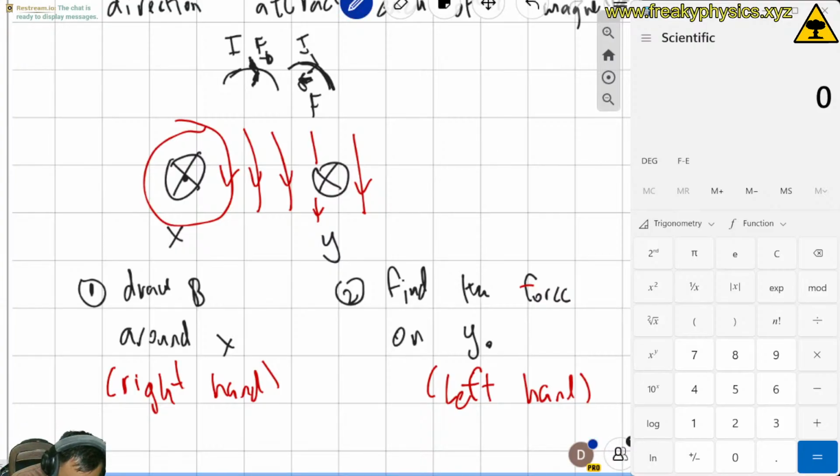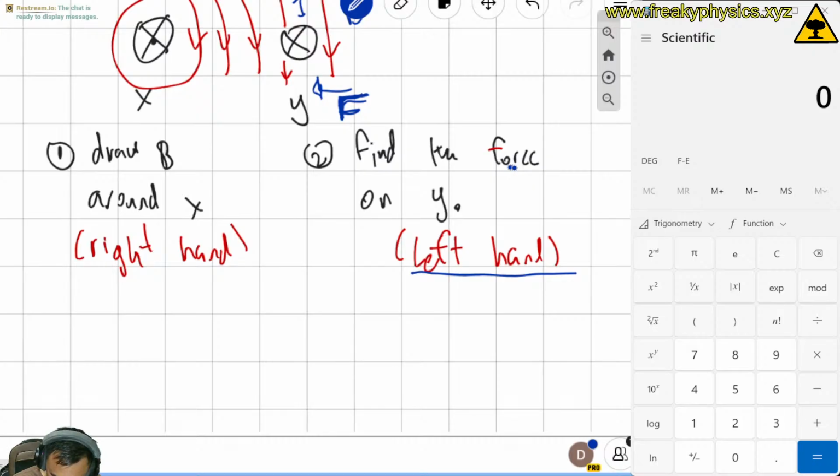Now, let's take a look here at Y and use the left-hand rule. According to the left-hand rule, this is the magnetic field it's in. The current is going in, so we do FBI. I is going into the page, the magnetic field is down, so the force that it experiences is gonna point that way. And then there's a third part, which is to write the force on X. The third part is easy, because what's the force on X?